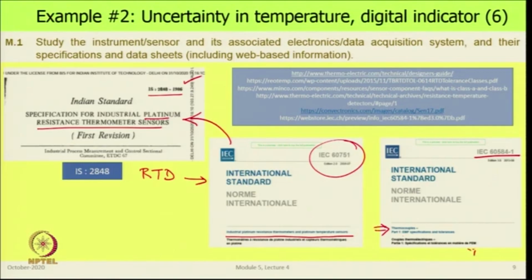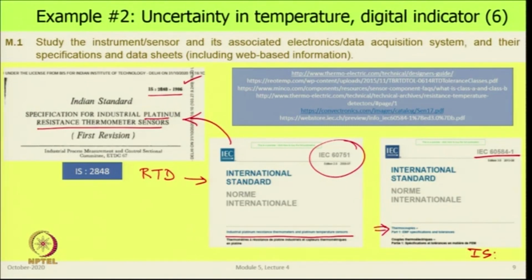There is also an equivalent Indian standard on this one. If someone tells us that this instrument is in conformity with IEC 60584 class 2, then we know from that earlier table what they mean. We do not need to separately ask them what the accuracy of this instrument is.